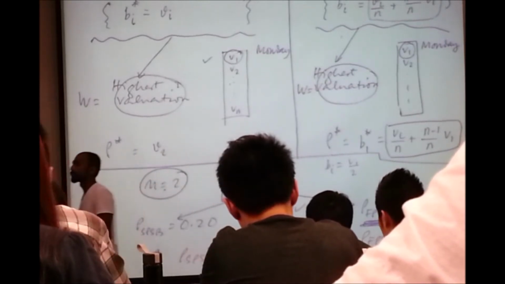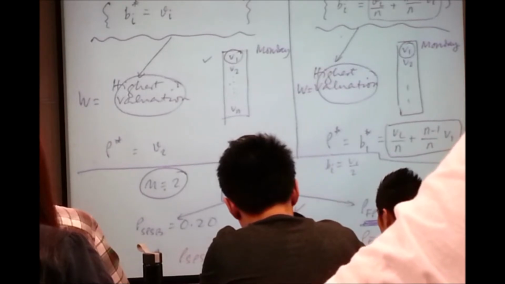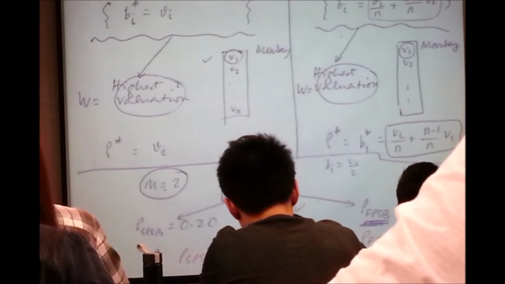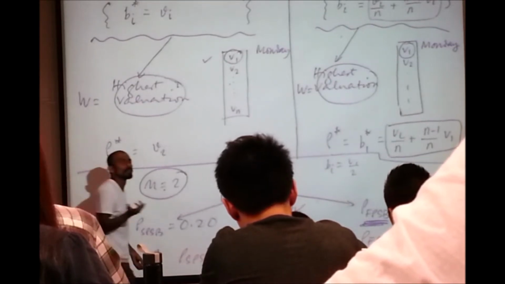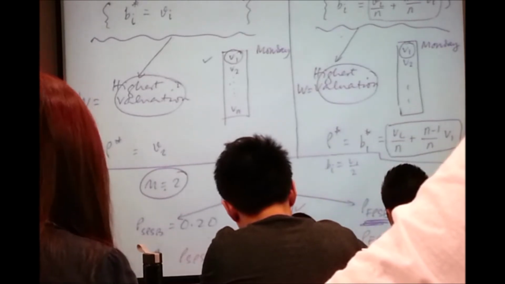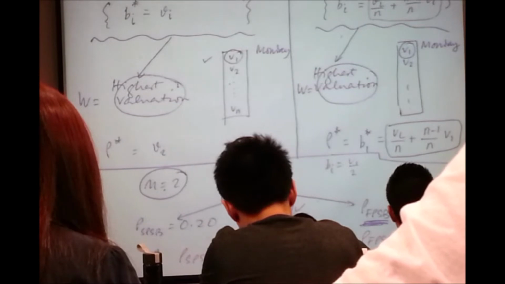That is the important question. Not for a particular group of bidders, which auction generates the higher revenue. That's a useless question. I want to find out which auction gives me the higher revenue on average.